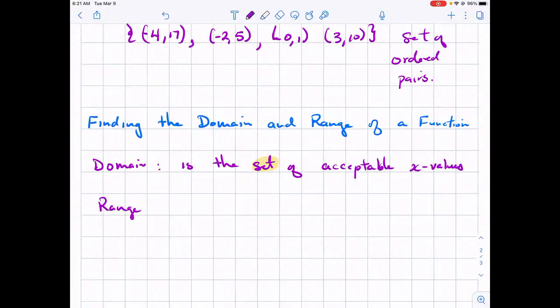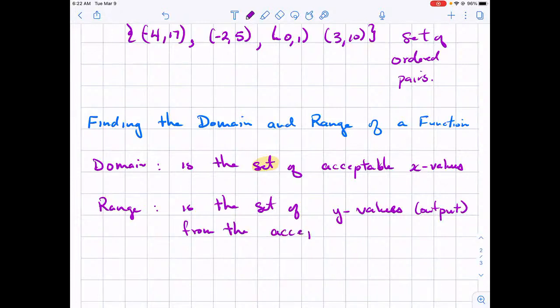The range is the set of y values or output, yeah, from the accepted values.